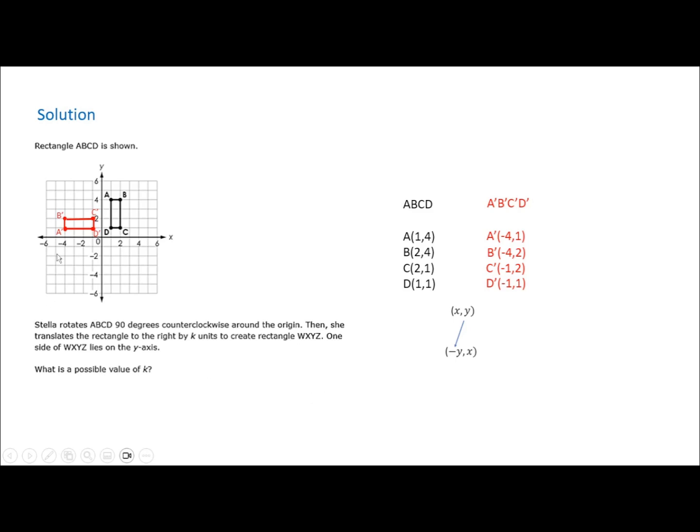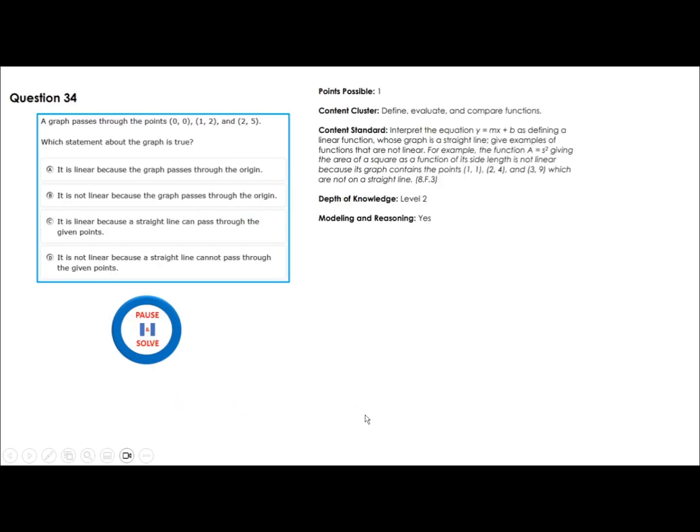Now I need to shift this to the right k units so that one of these edges is on the y-axis. So you can do 1 here, this becomes here, or you can do 1, 2, 3, 4, then A prime, B prime becomes here. So k is 1 or 4.